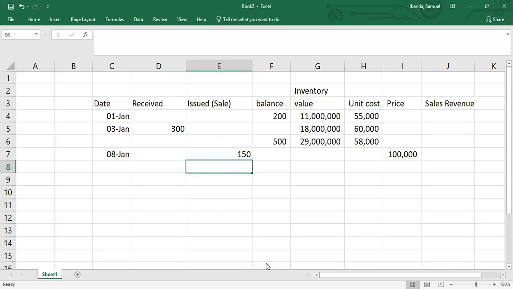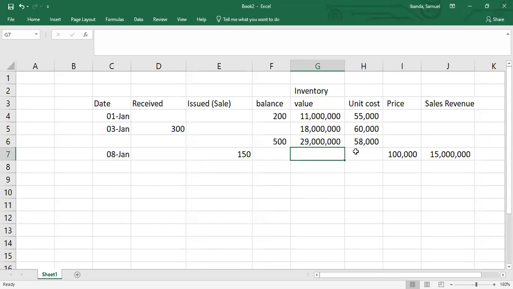So if there are 150 bucks, as we can see right there, it's 150 bucks at 100,000. So the sales revenue will be this times this. Okay, now the value of this inventory will be what?